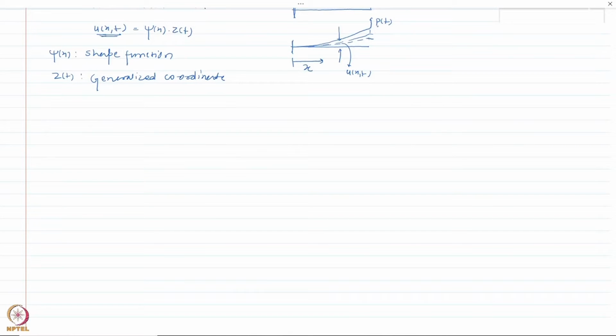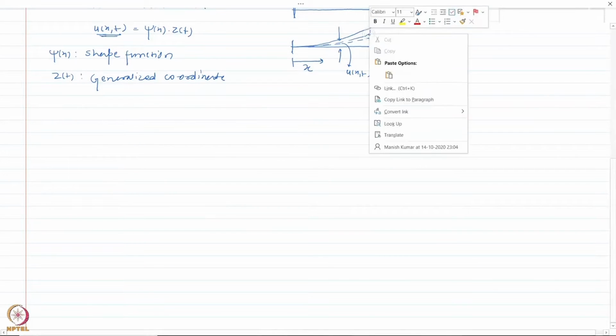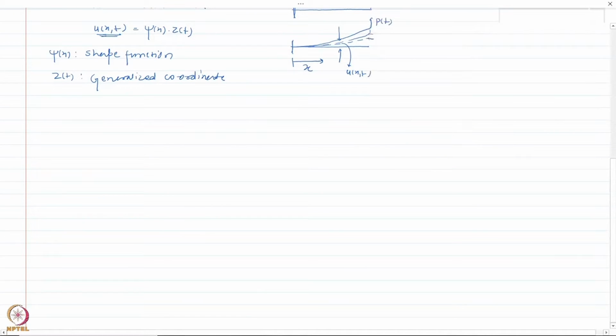First, the movement of each and every point on the body with respect to time. However, if you look at the location of this point at the farthest end compared to another point here, and then after some other time, the ratio of the vertical coordinates of these two are going to remain the same.